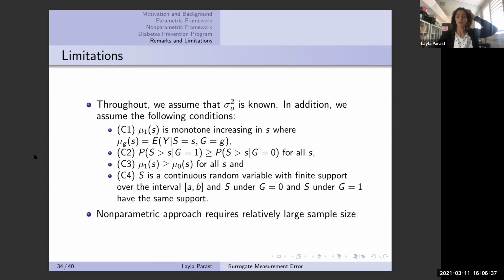So importantly, we have some limitations. Of course, we assume that sigma u squared is known, but we also need these other conditions. The first three conditions are assumptions that are not unique to this work, but some variation of them is often needed in surrogate marker work.